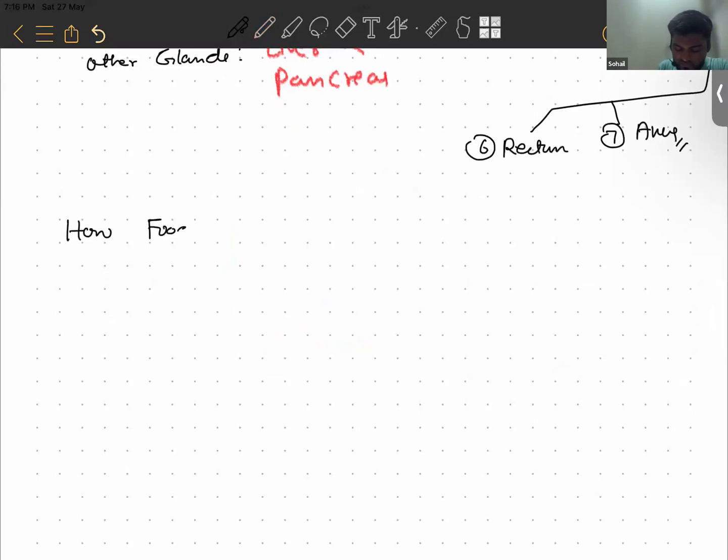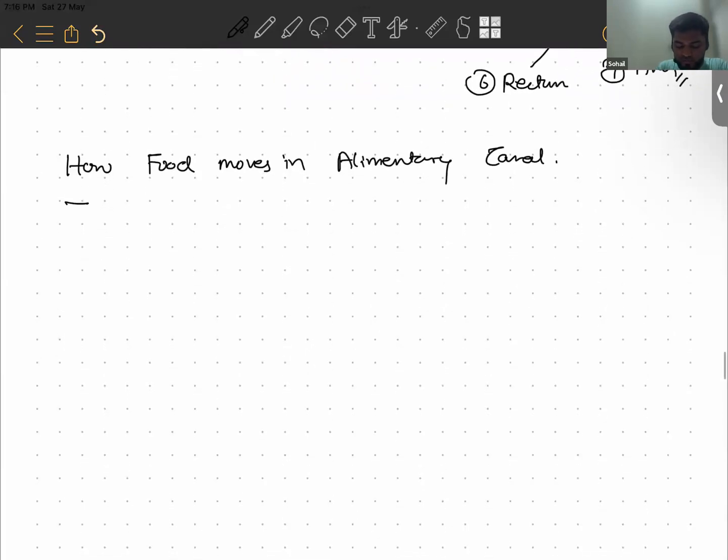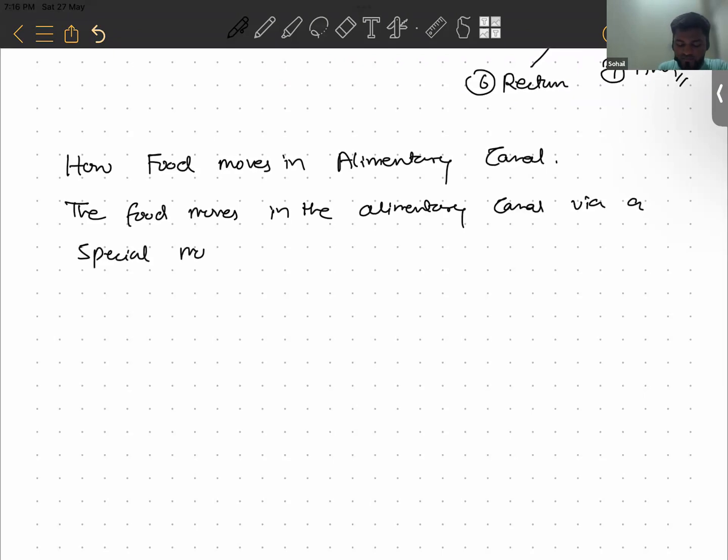How food moves in the alimentary canal: the food moves via a special motion or movement called peristalsis movement.